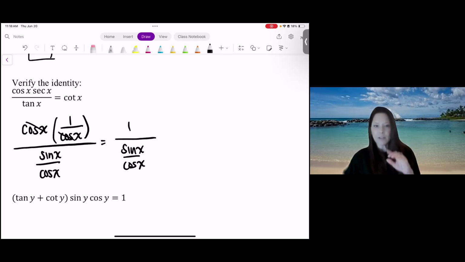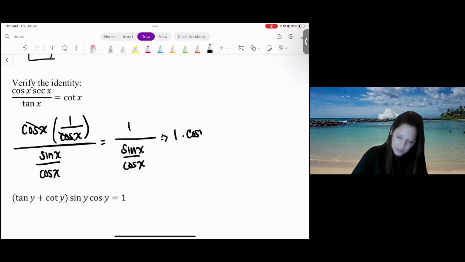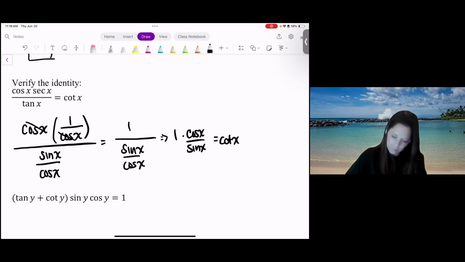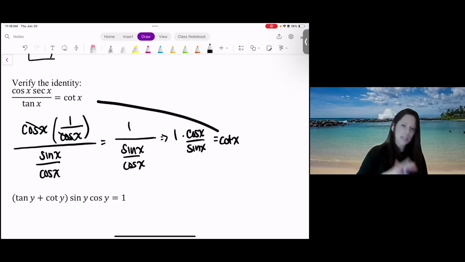When I divide fractions, I multiply by the reciprocal. I'm then going to take 1 times cosine of x over sine of x. Cosine of x over sine of x is the cotangent of x, which is what I was looking for. So that matches. Identity verified.